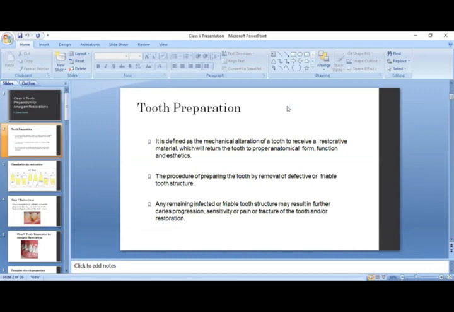Because if you leave the caries region, if you leave the defective tooth structure, that basically causes harm. There are so many disadvantages if you are unable to remove that affected part, so many effects that lead to decreased longevity of the restoration. First of all is the recurrent caries lesion.